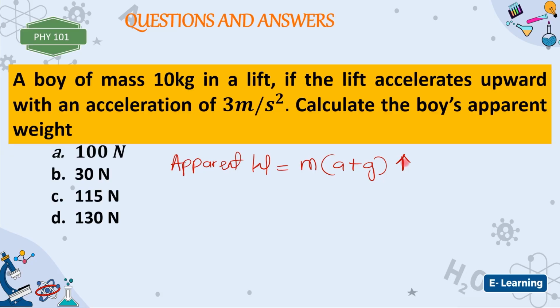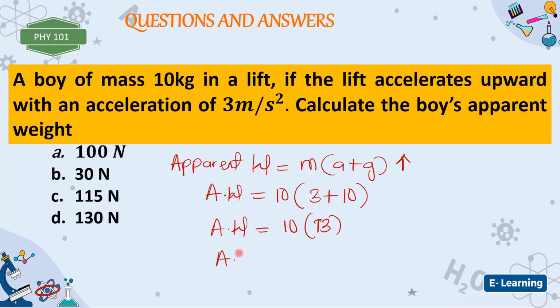g minus a. So in this case, our apparent weight, AW, will be: the mass is 10 kg, a is 3 meters per second square, and g is 10 meters per second square. So our apparent weight would be 10 bracket 3 plus 10, which gives 13.